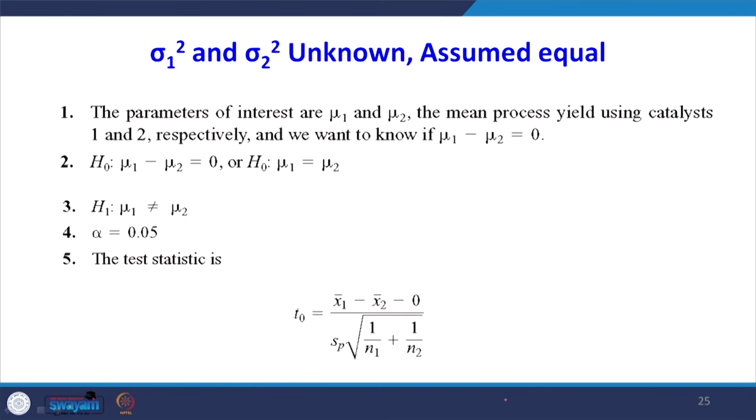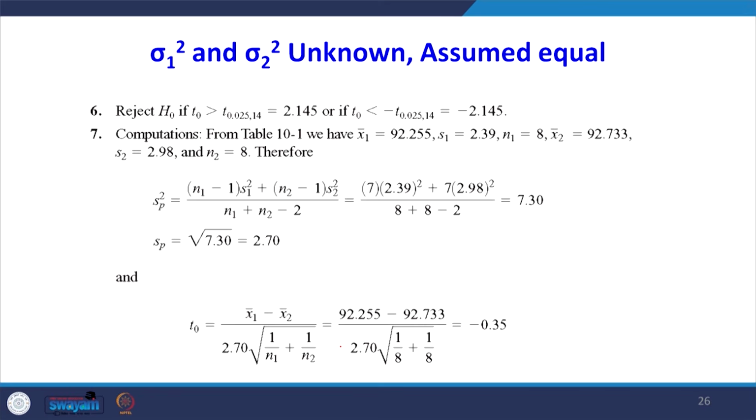The test statistic is T0 equals x1 bar minus x2 bar minus the assumed difference in the mean, divided by Sp. This is actually Sp squared inside the root, which we brought to the left side. So, it is the pooled standard deviation times root of 1 by n1 plus 1 by n2.